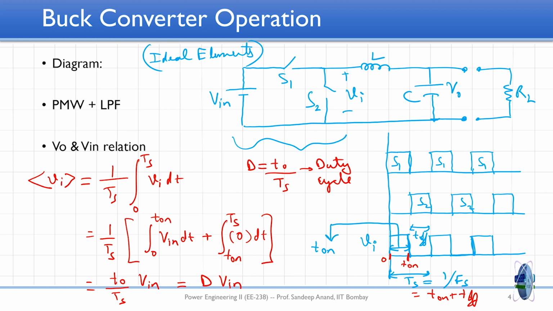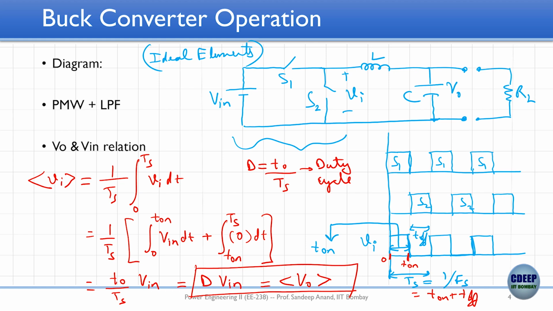So if Vi average is D times V in, this would be same as the output voltage average, because my output voltage allows the DC to pass through, and you get this relationship between the input and the output voltages. Is that okay?